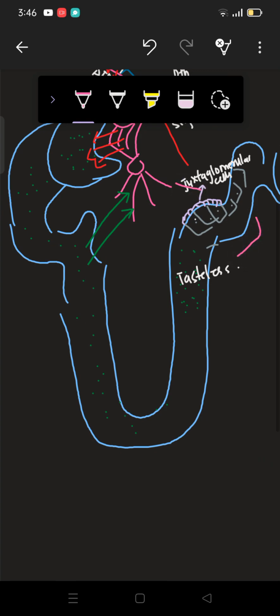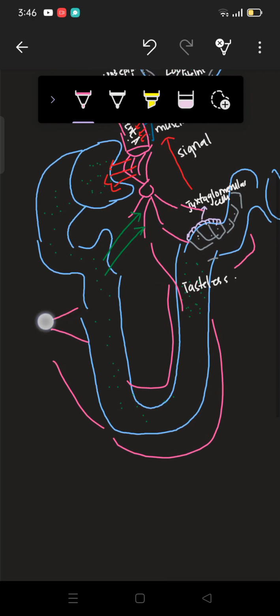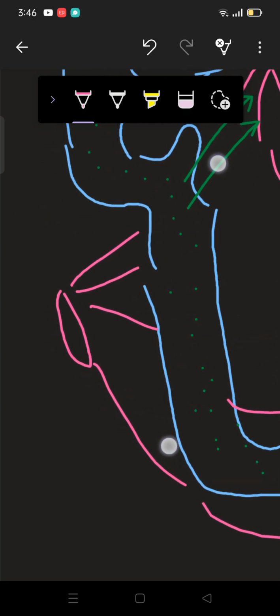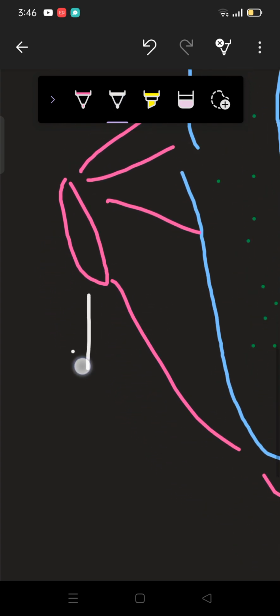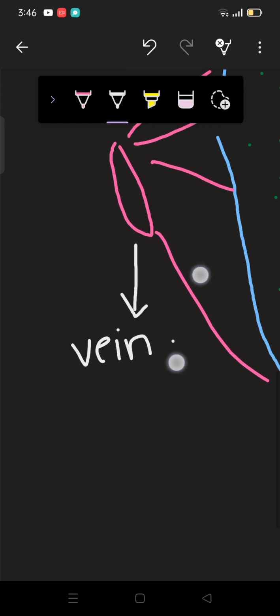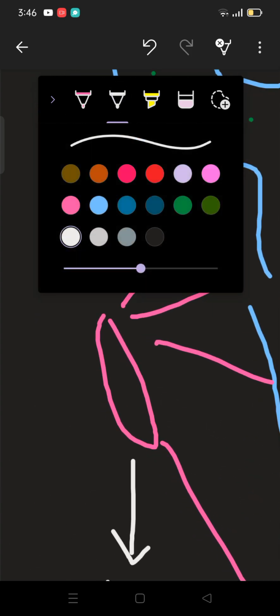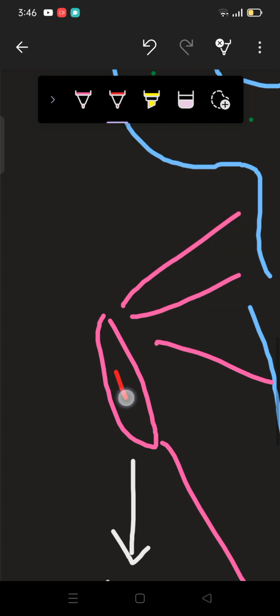From here, like from the vasa recta as well, all these paratubular capillaries are forming vein. That vein is carrying renin with that.